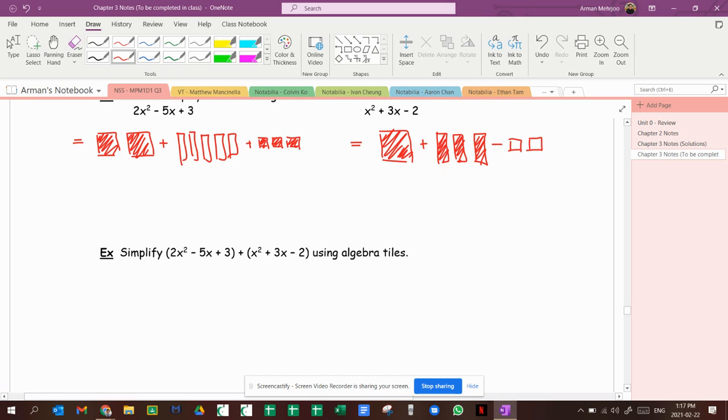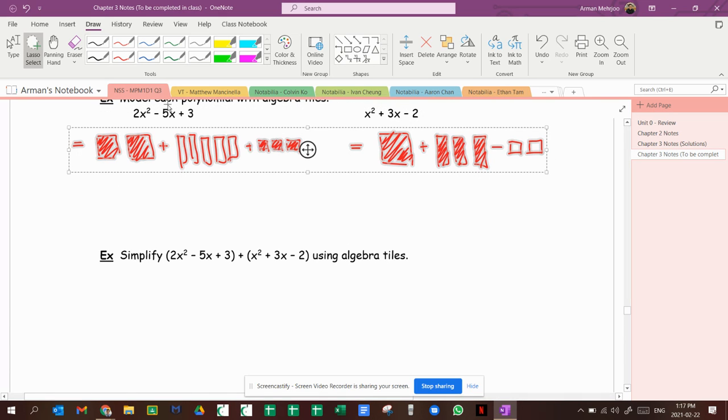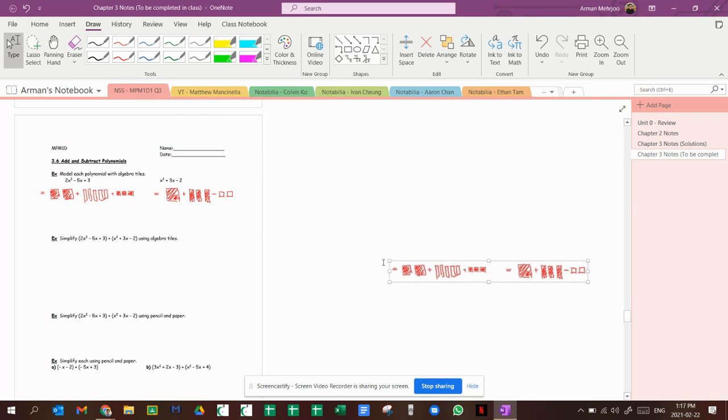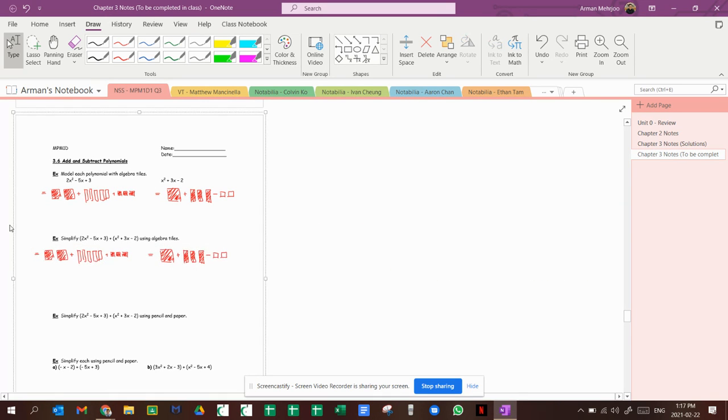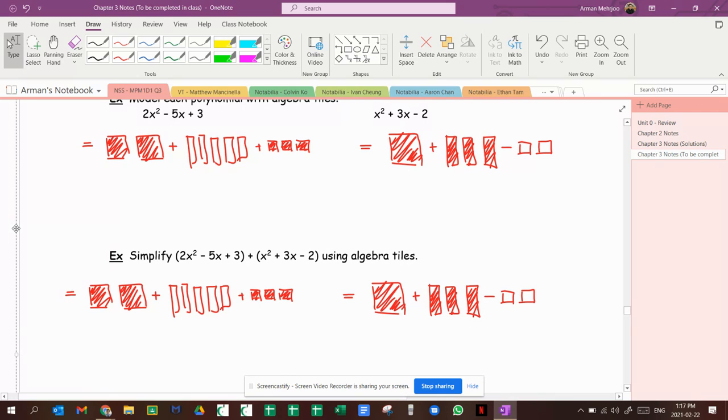In this question down here, they say simplify 2x squared minus 5x plus 3 plus x squared plus 3x minus 2 using algebra tiles. So check this out. Those are the exact same as the questions I just modeled before using algebra tiles, right? So I'm going to take those algebra tiles and I'm actually just going to put them there.